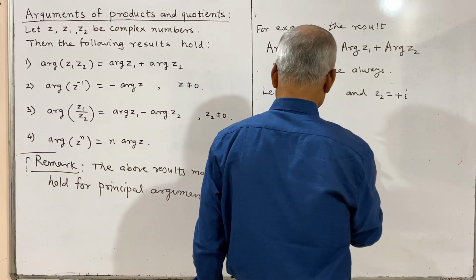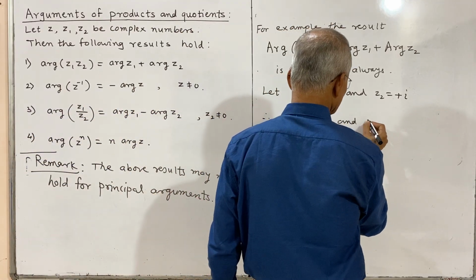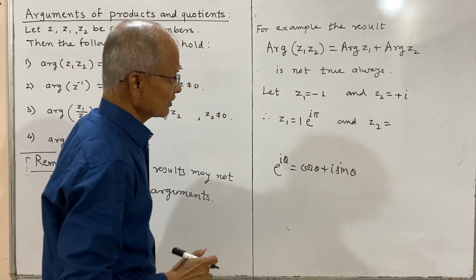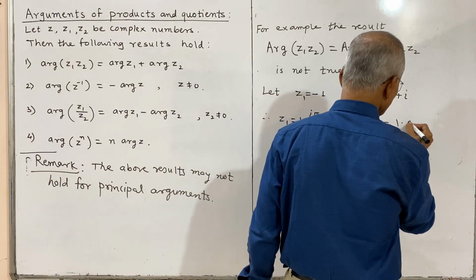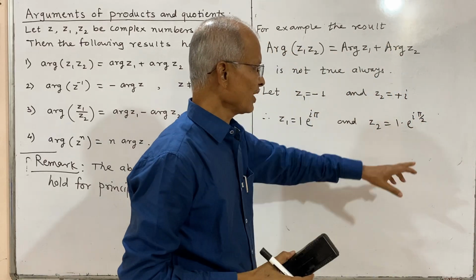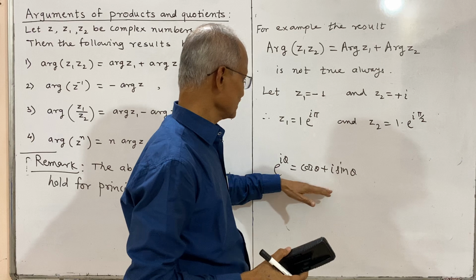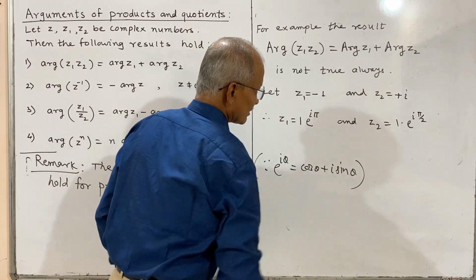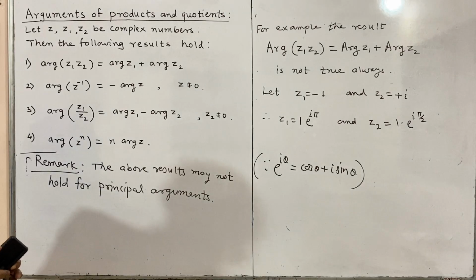And z2 is i, and therefore this is 1 into e power i pi by 2, because cos pi by 2 is 0 and sin pi by 2 is 1, so using this formula this will be e power i pi by 2.